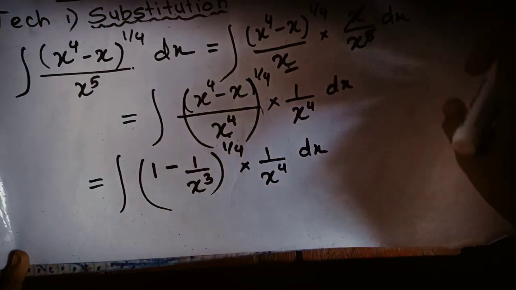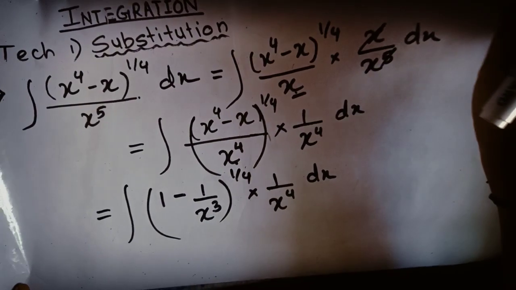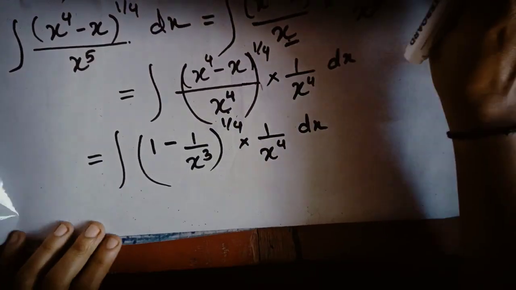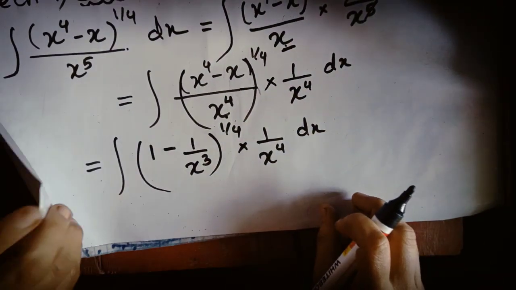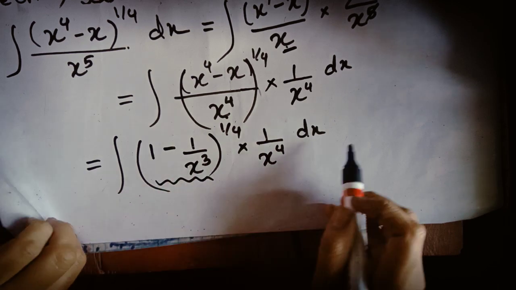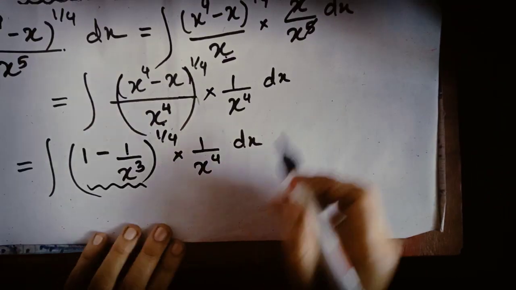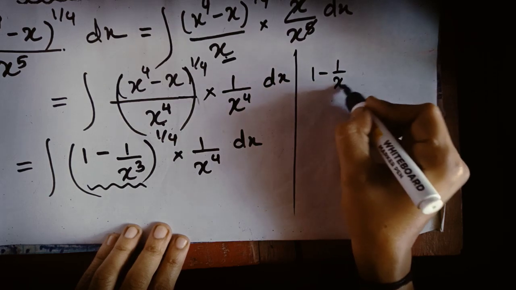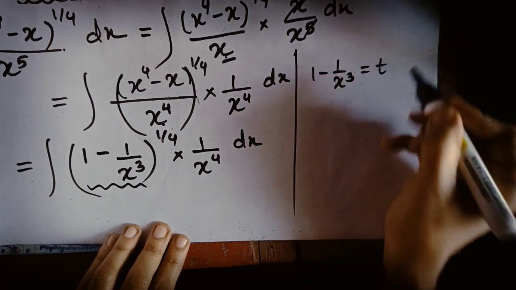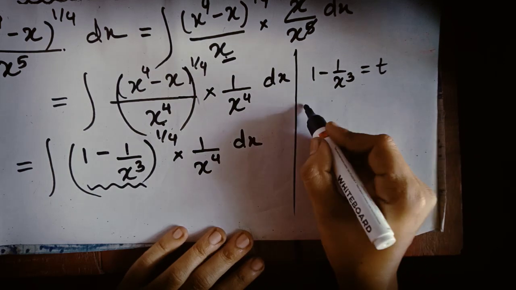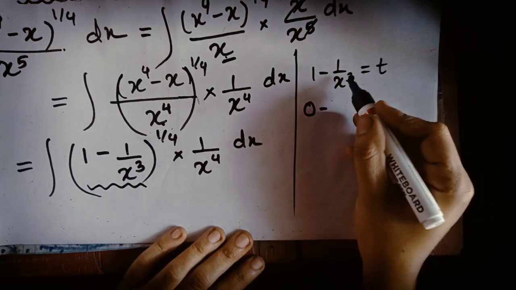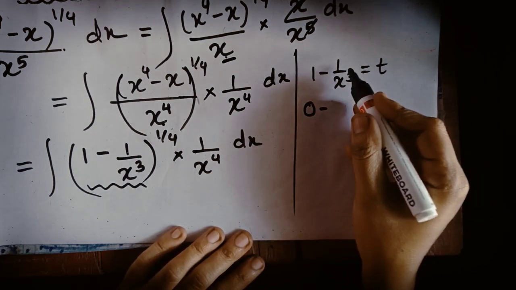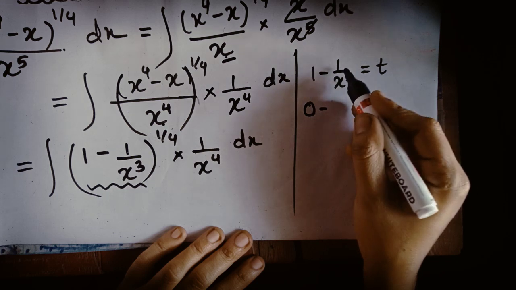Now you can take the substitution, that is, if I substitute this whole thing, 1 minus 1 upon x cube, as t, the derivative of 1 is 0. The derivative of x raised to minus 3, I am taking it in the numerator.